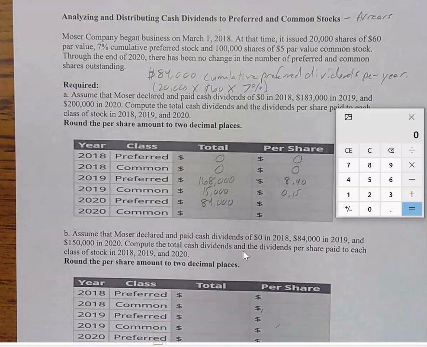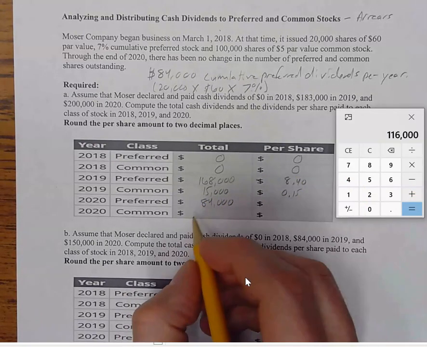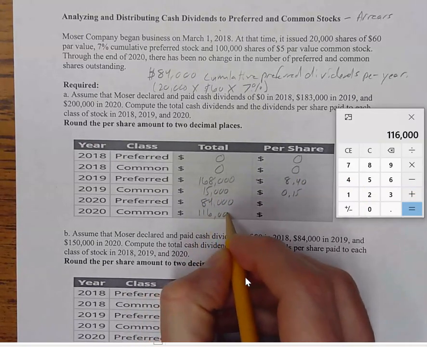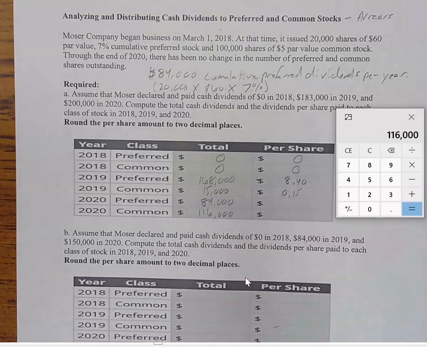And I'm going to go ahead and just show you $200,000 was paid out in total minus $84,000. So that means the other $116,000 went to the common stockholders. Okay, and then we need this per share amount over here. So actually, I've got the $116,000 on the calculator, so I'm just going to divide by the same 100,000 shares.